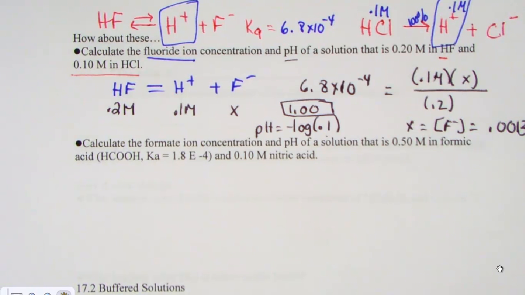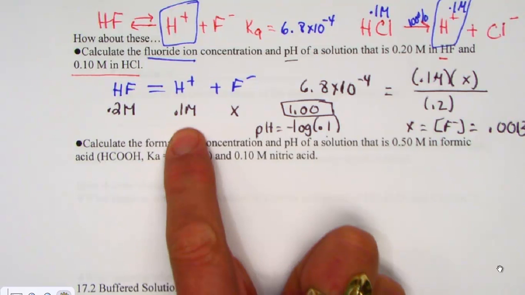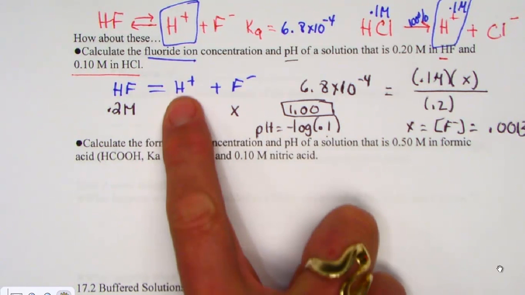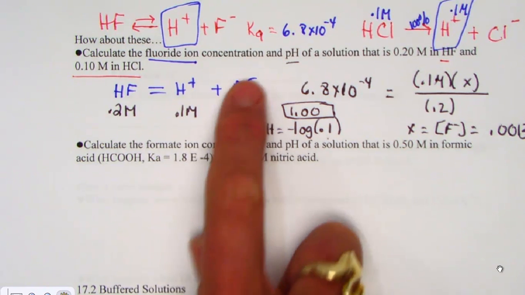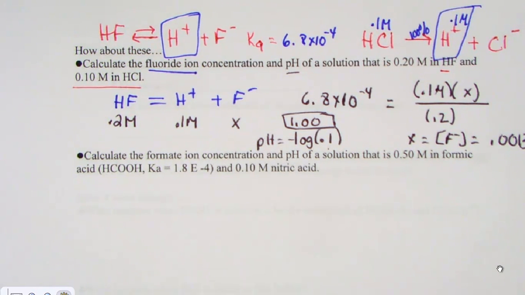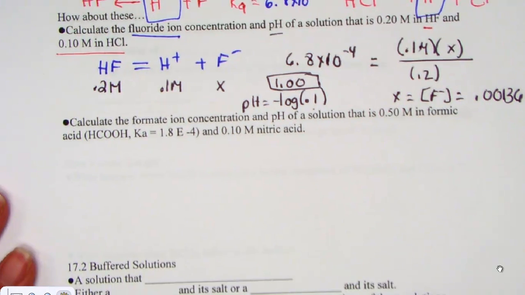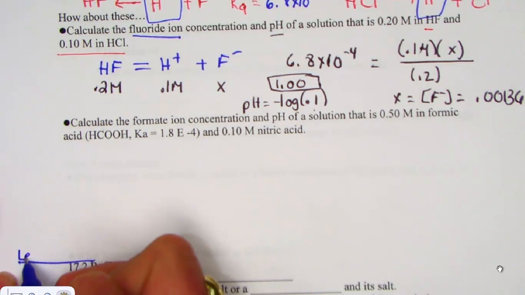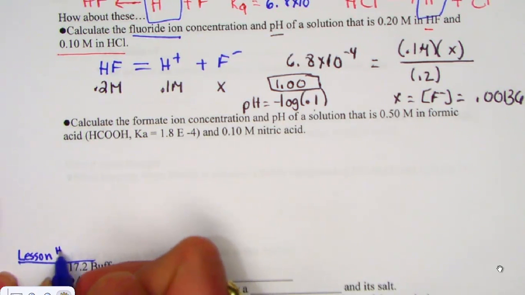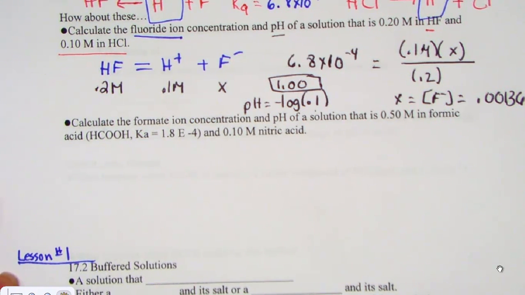Remember your 2 decimal place rule. pH of our solution, very strong acid, 0.1 molar, gives us a pH of 1.00. Letting X stand for fluoride, we set up our equilibrium problem and pulled out the fluoride ion. Friends, we'll try one more together, wrapping up our common ion lesson. At the end here, we'll have accomplished enough information to do lesson number 1 off of our assignment sheet.